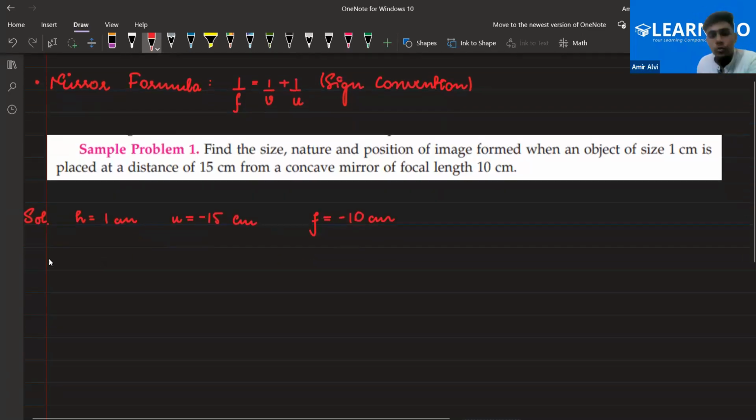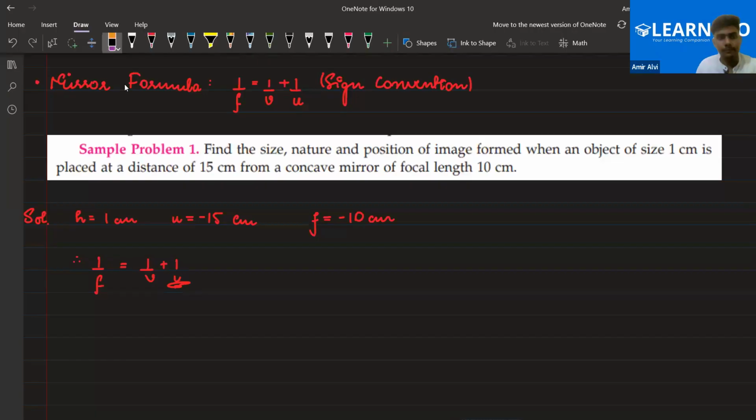So now let's use the mirror formula, that is 1 by f equals 1 by v plus 1 by u.